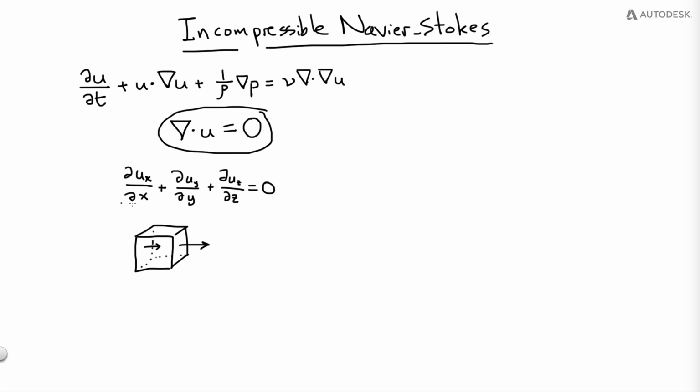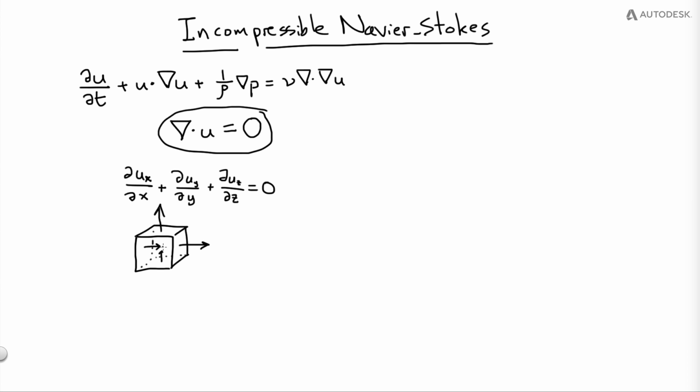That's really what this derivative is measuring: how the horizontal component of velocity is changing in the horizontal direction. And this one is also the difference in the vertical velocity in the vertical direction, and so on.